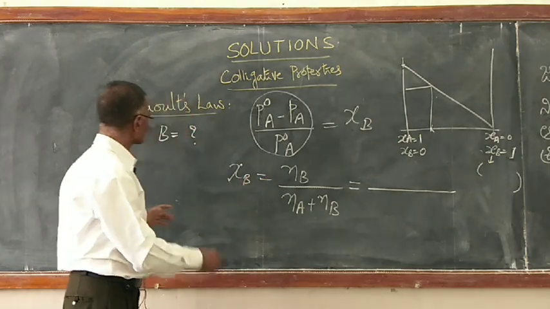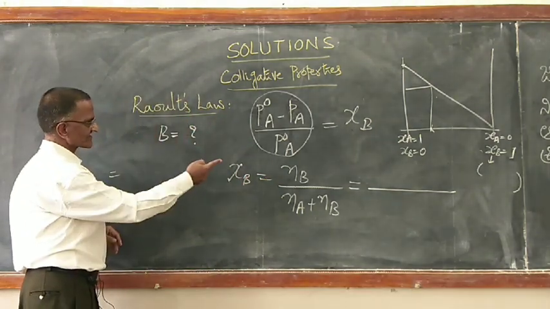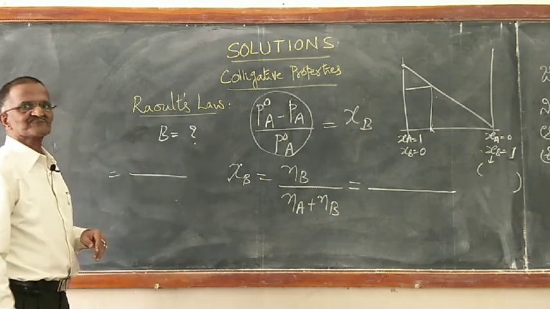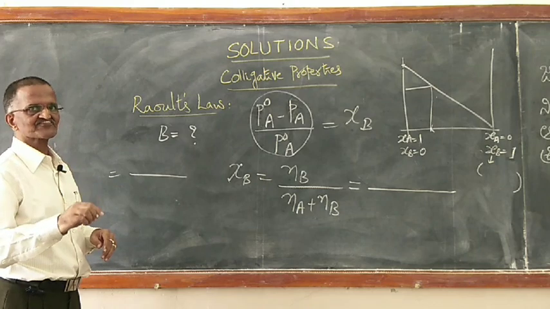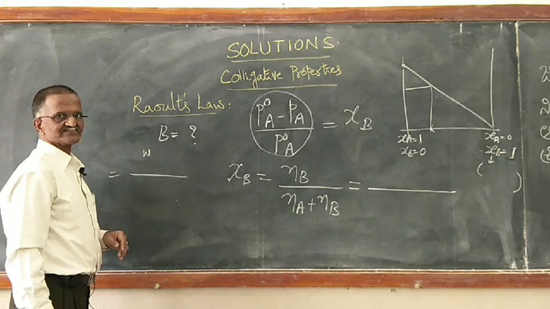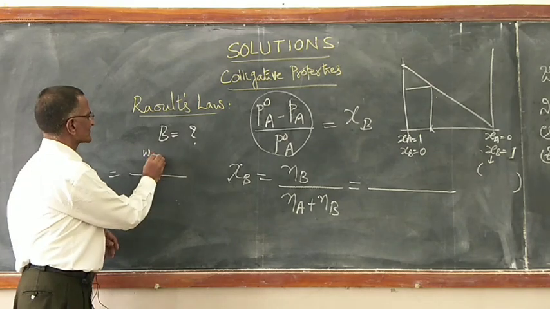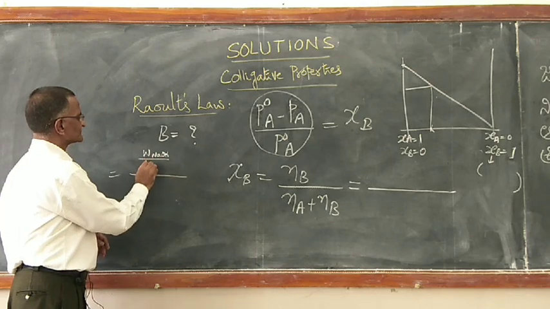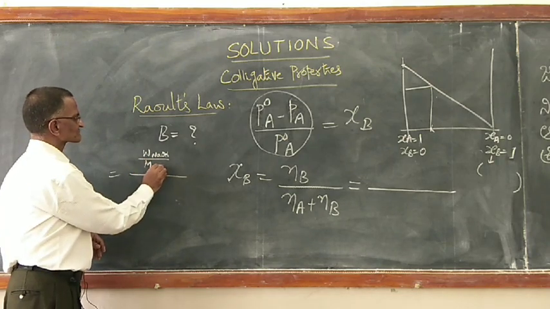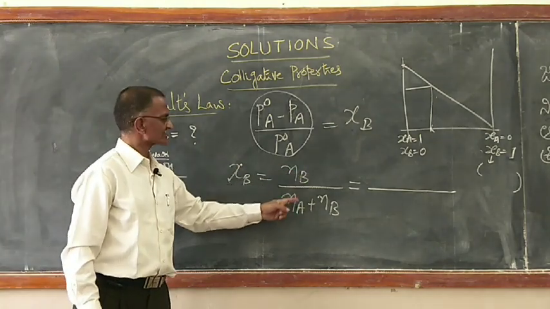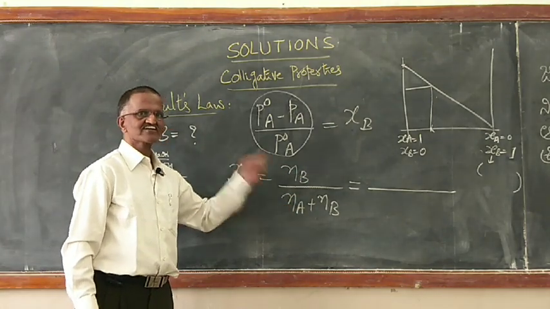How do I find the mole fraction of sodium hydroxide, for example? It is Nb by Na plus Nb. What is Nb? Number of moles of B. Number of moles of B is the weight of B, that is the weight of NaOH taken, divided by the molar mass of NaOH. Then of course, what is Na?